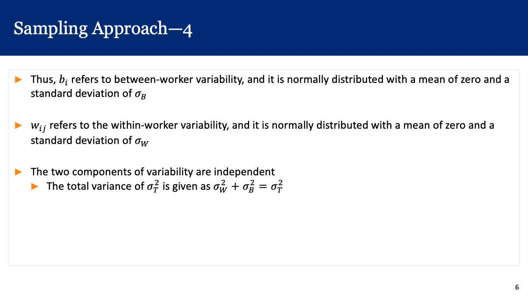And the two components of variability are independent, and the total variance sigma t squared is given as the sum of sigma w squared and sigma b squared. So the sum of the within worker variance and the between worker variance adds up to the total variance.